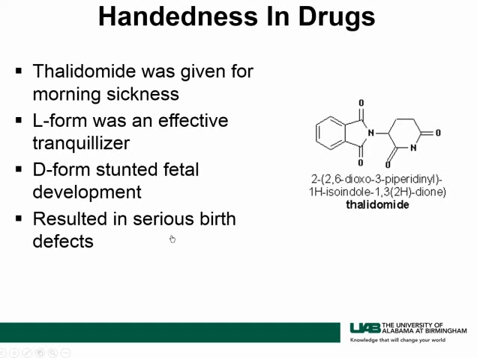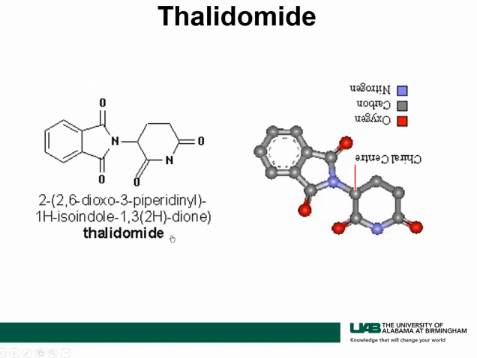This is a problem they had at the turn of World War II in the 60s, after a lot of babies were born with deformities. They came to find out that even if somebody was given the L form, alteration in pH could convert the L form to the D form very easily. So chirality in nature is very, very important.